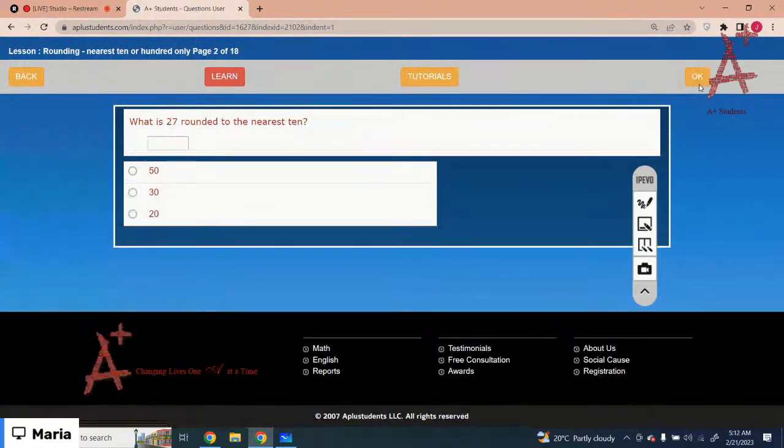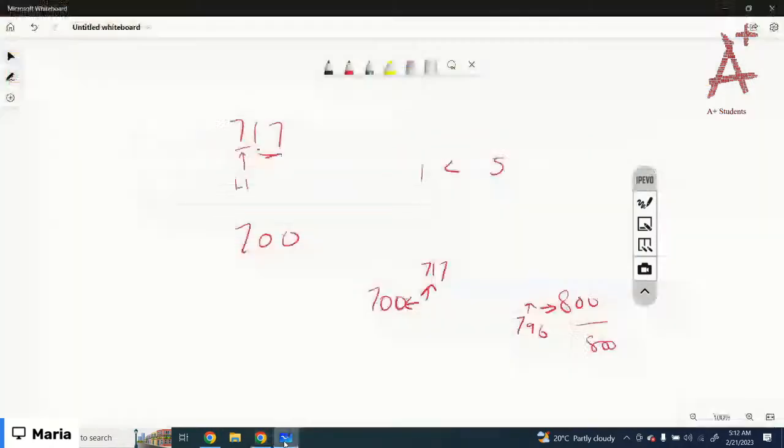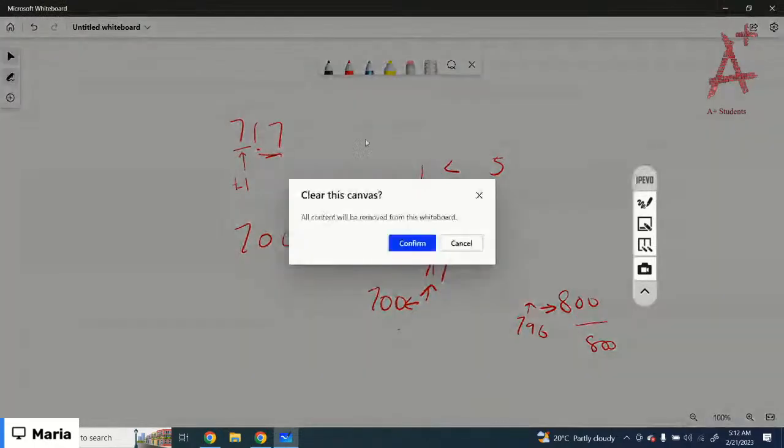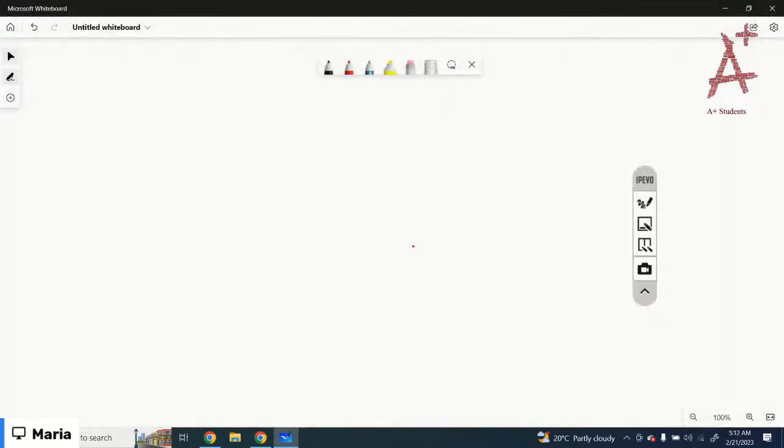Okay, the next one is, what is 27 rounded to the nearest 10? You have to round off 27 to the nearest 10, not 100, because 27 is less than 100. So the digit that is at the 10's position is 2. Got it? And the digit at the right hand side, you have 7. Is 7 greater than 5 or less than 5?